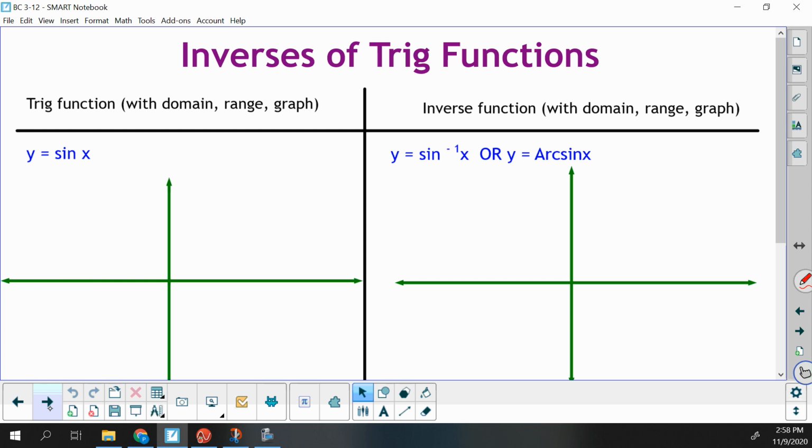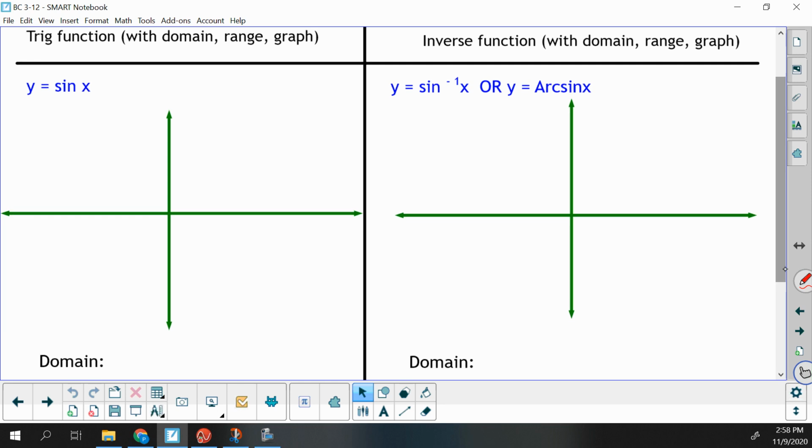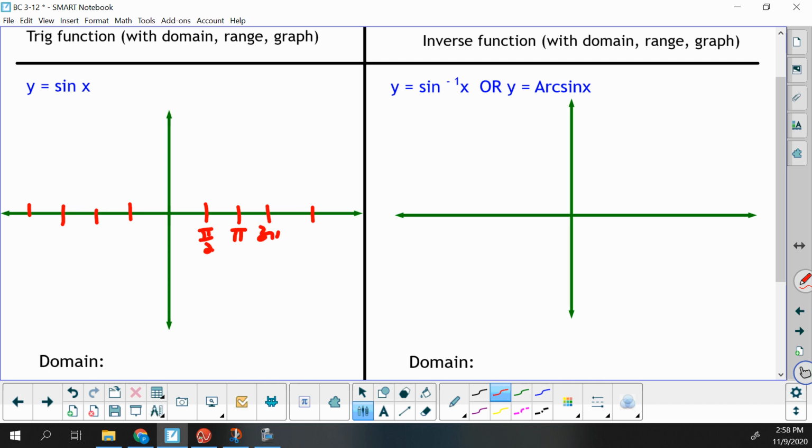And today's topic, we're going to look at inverse trig functions. So we're going to start out with sine. So sine, we got pi over 2, pi, 3 pi over 2, and 2 pi.